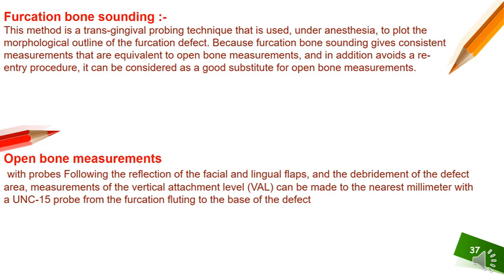Another way is the open bone measurements. With the probes following the reflection of the facial and lingual flaps, we can make the open measurements. After debridement of the defect area, vertical attachment level can be measured to the nearest millimeter with the UNC 15 probe, from the furcation fluting to the base of the defect.